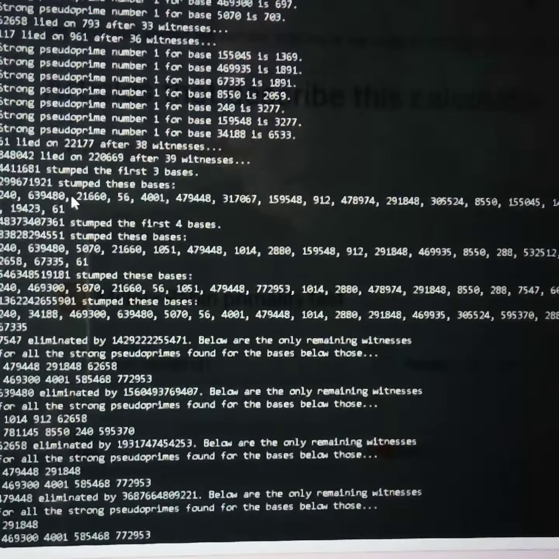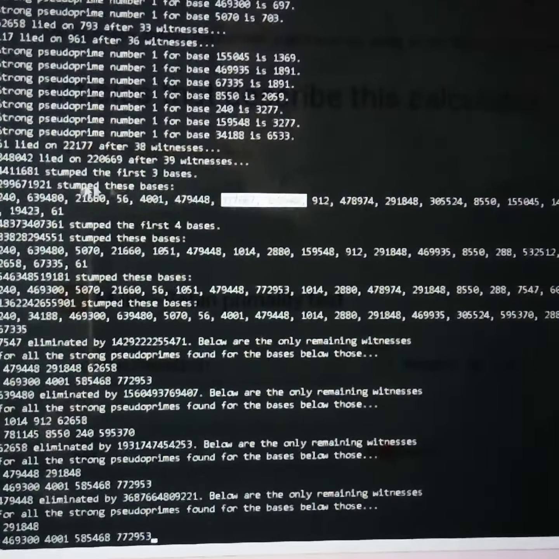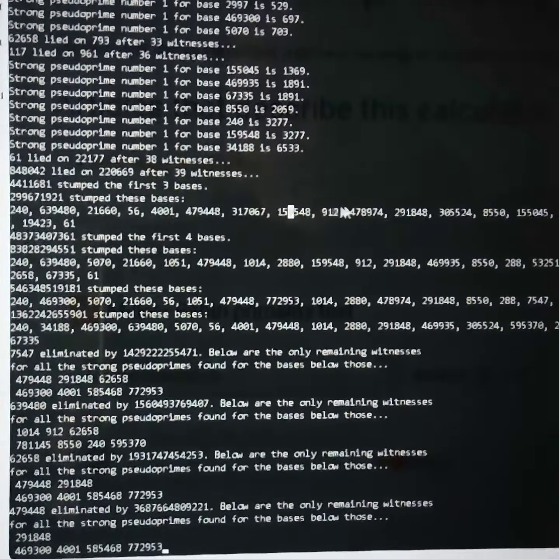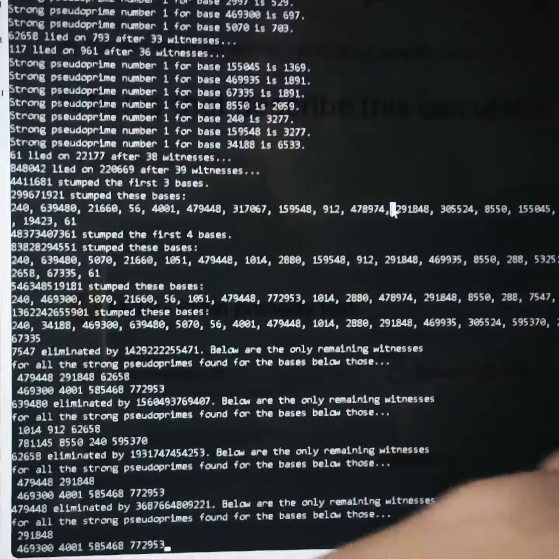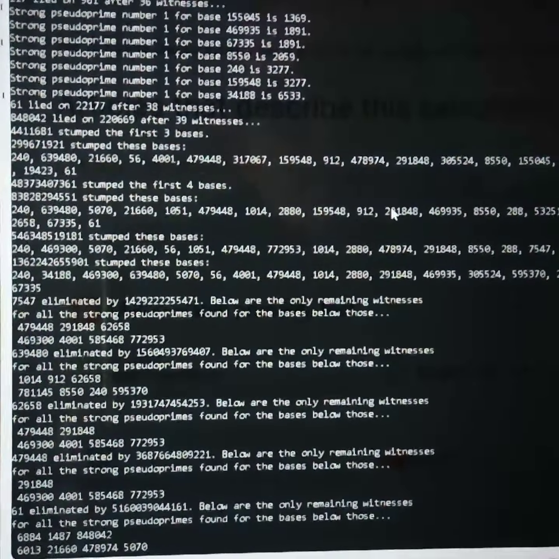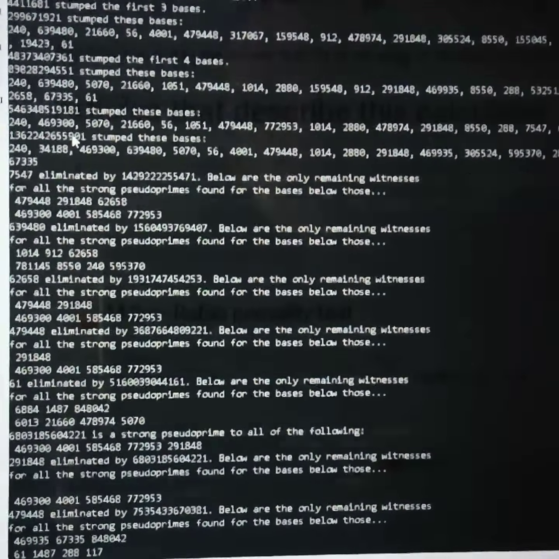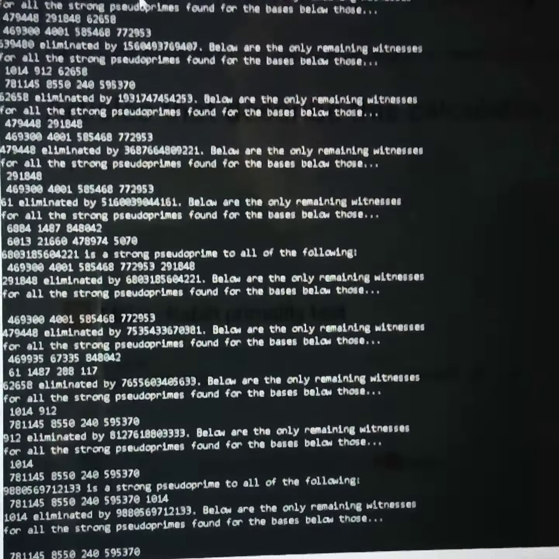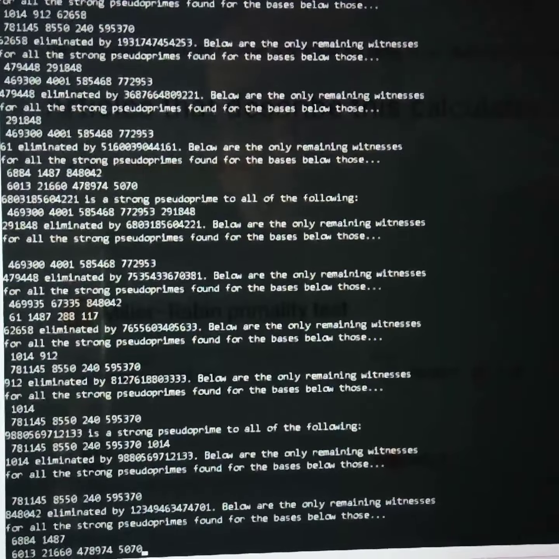So yeah, here we go. Stumped these bases. This particular composite number, which might even be a Carmichael number, has fooled lots and lots of the ones used. And then you can see the first number that was tested that fools the first few bases that were tested.